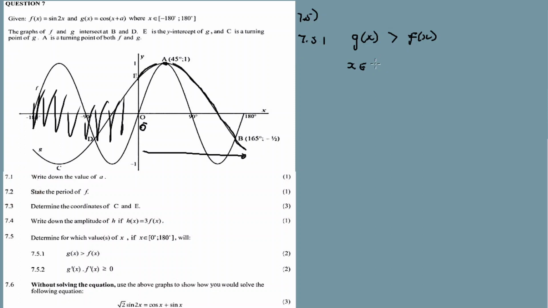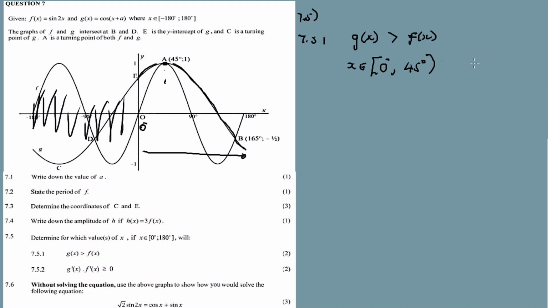We include this one. So include 0 degrees all the way up to 45 degrees, excluded, because at that point the functions are equal. Then we come back now. Is it all right? Okay, we come back now.